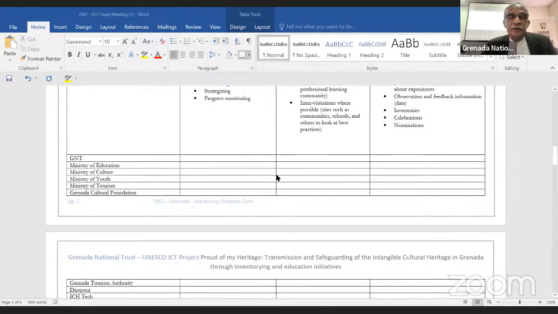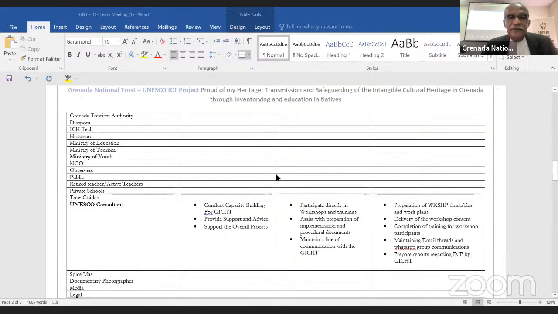The inventorying will start around July after the workshops are complete. So there would not be any inventory input before the latter half of the year.